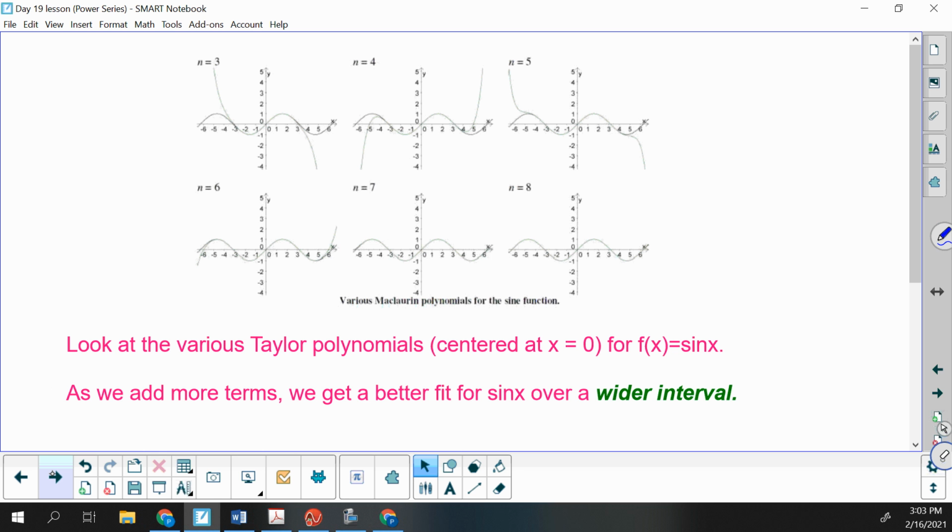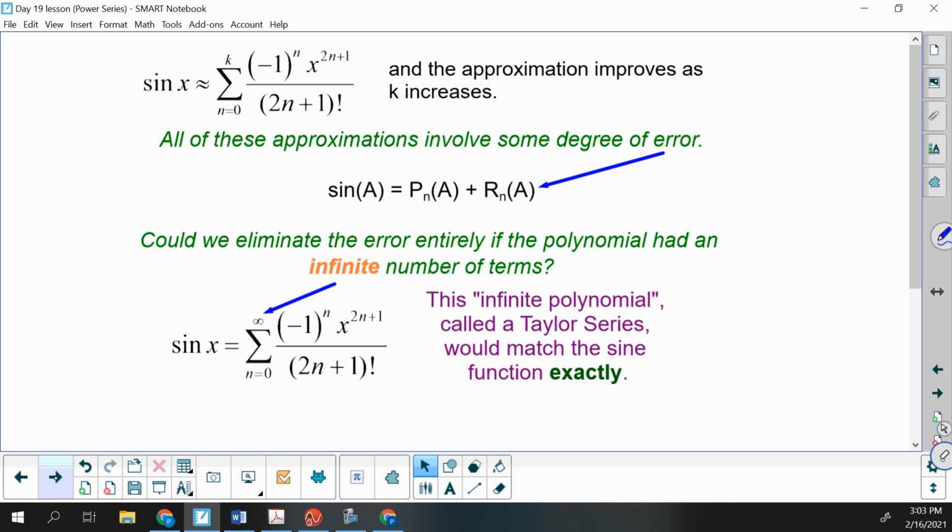So we're going to be in day 19 notes. So I think it was on day 12, we looked at our Taylor polynomials for the sine graph. And we saw as we added terms, it was a better and better fit as sine went on. So we knew, if we go down to the bottom, sine was that summation from 0 to some k.